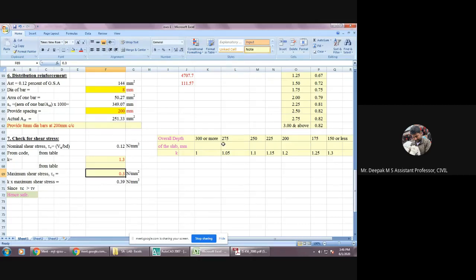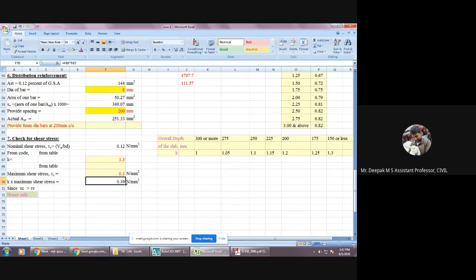When we multiply with the k factor, since ours is a 120 mm slab, k factor is 1.3, we are getting the maximum shear stress value. So we are checking for shear stress, it is okay.